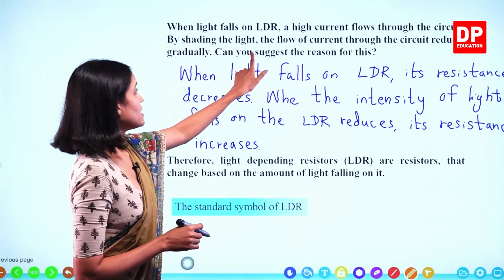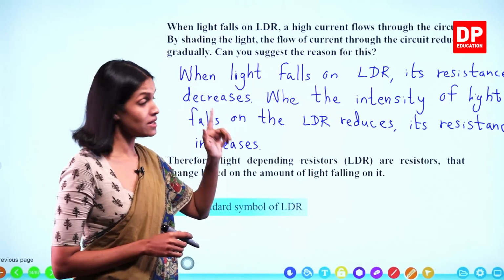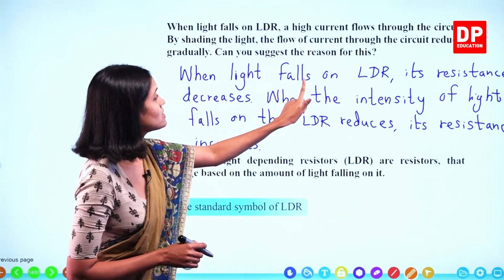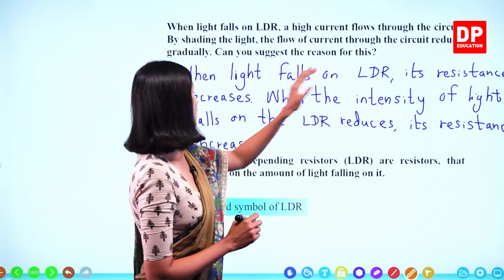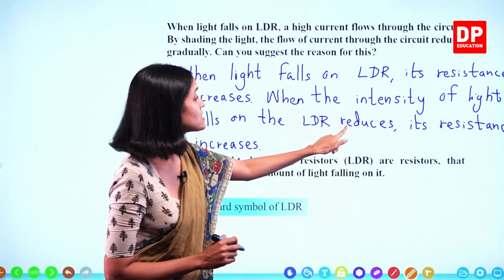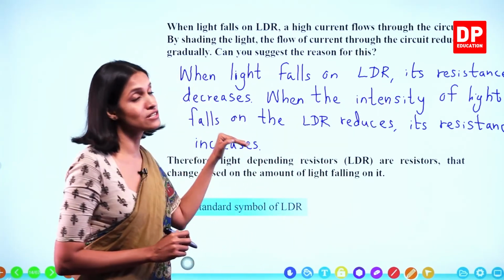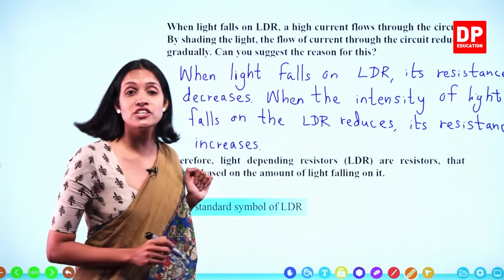By shading the light, the flow of current through the circuit reduces gradually. Why? Because when the intensity of light falling on the LDR reduces, what happens to the resistance? Its resistance increases. Right? This is the reason for these observations.